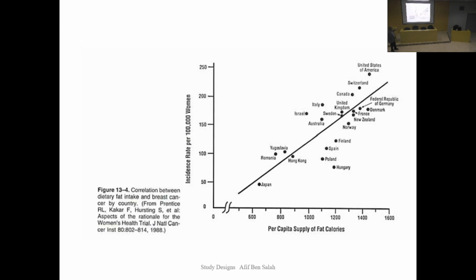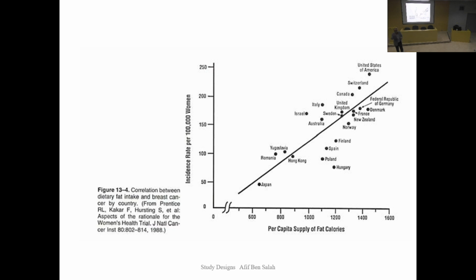This is another example: the per capita supply of calories and incidence rate of breast cancer. And you know that obesity increases the risk of breast cancer, and this is a kind of ecological study. When we say ecological study, we measure the incidence or the mortality per geographical unit, not per individual.